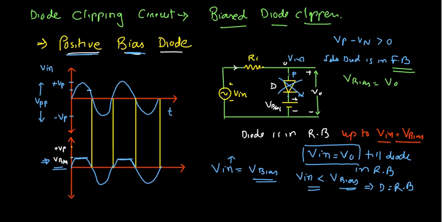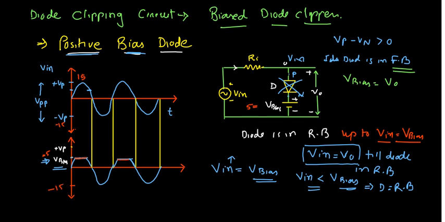For this you can take a value, suppose this VP is 10 volt or 20 volt or 30 volt, anything. Suppose I am taking 15 volt, and this one is minus 15 volt. Somewhere I take this bias equal to 5 volt. So over here at 5 volt it is clipped, and over here it is minus 15 volt.